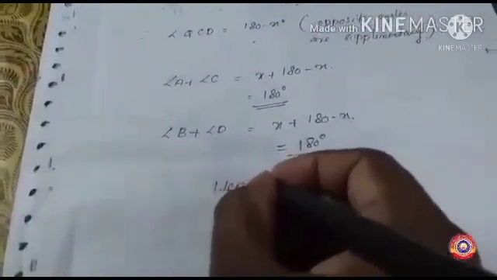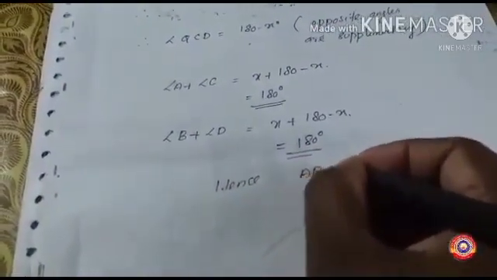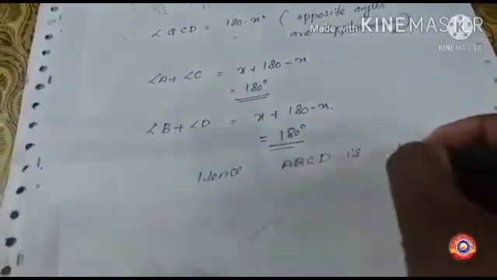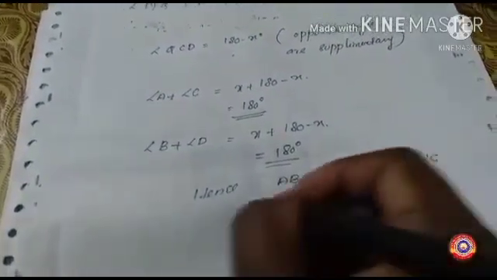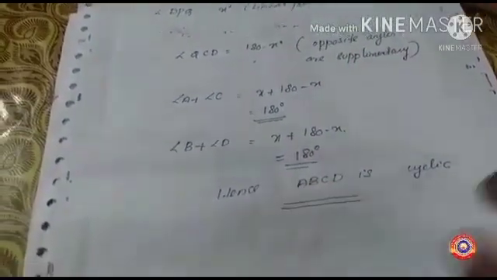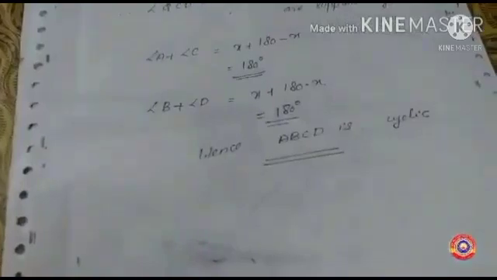Next, angle B plus angle D equals x plus 180 minus x, and it is equal to 180 degrees. This shows that ABCD is a cyclic quadrilateral.